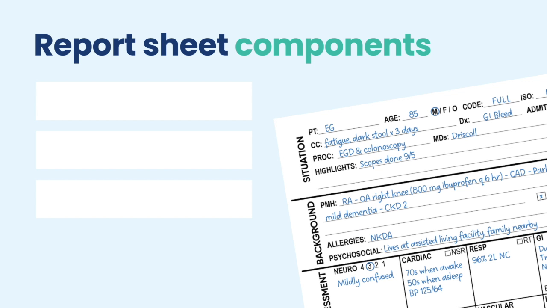So the components of a good report sheet are that it is an SBAR format. And we'll talk a little bit more about what that is in just a moment.